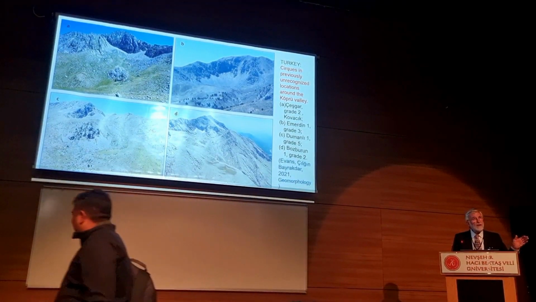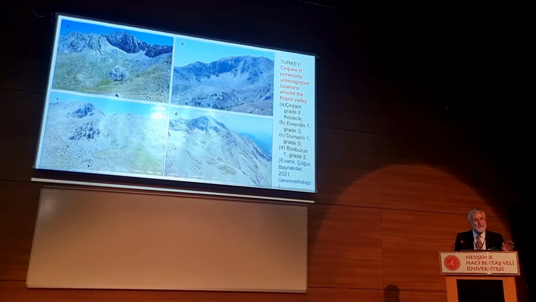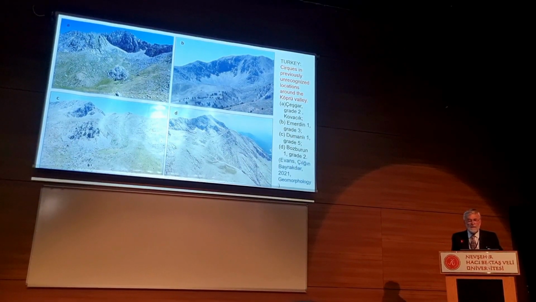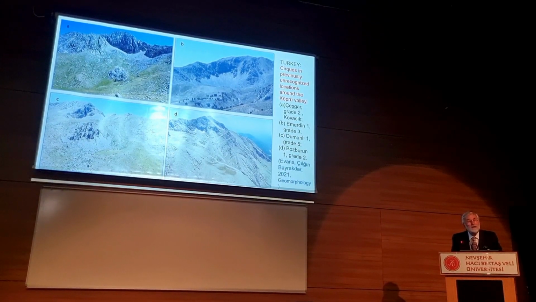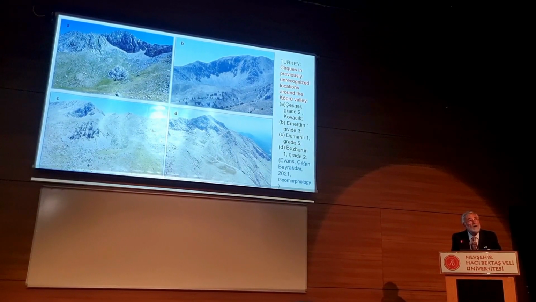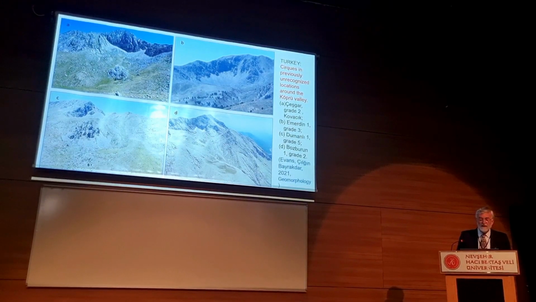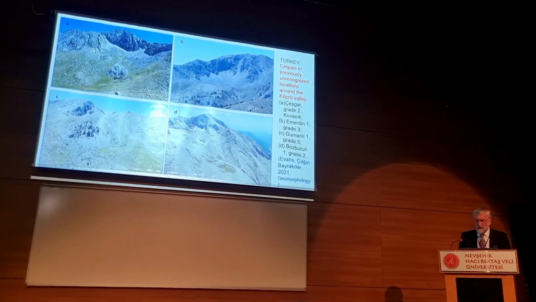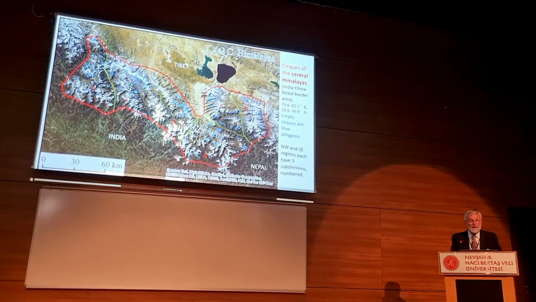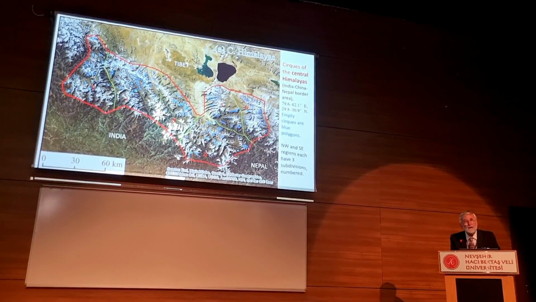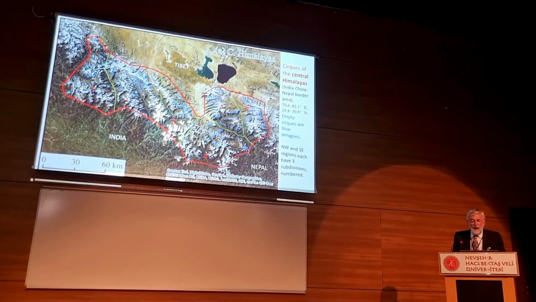And you may have seen a poster by several of our colleagues finding cirques in previously unrecognized areas just north of Antalya in the western Taurus. But I'm going to talk today mainly about the Himalayas and the Tian Shan.